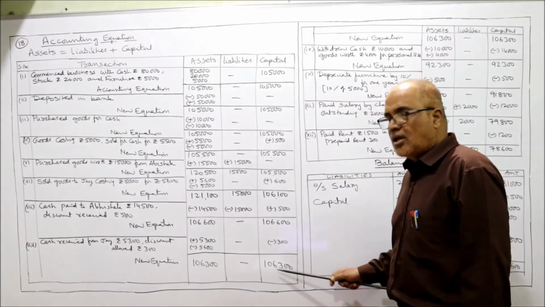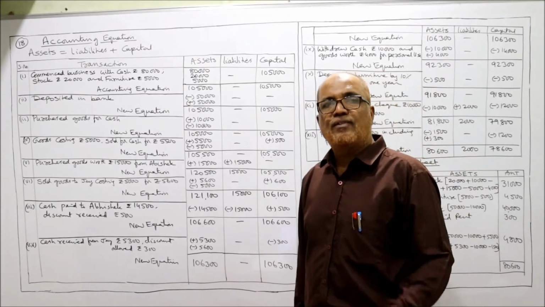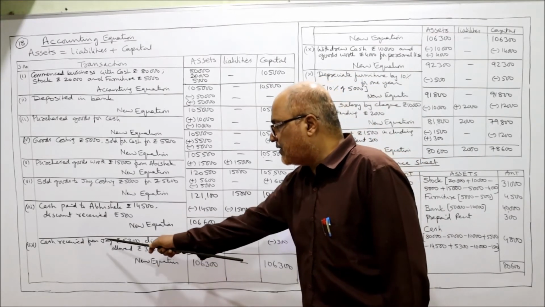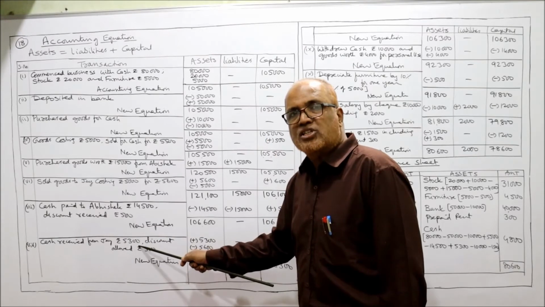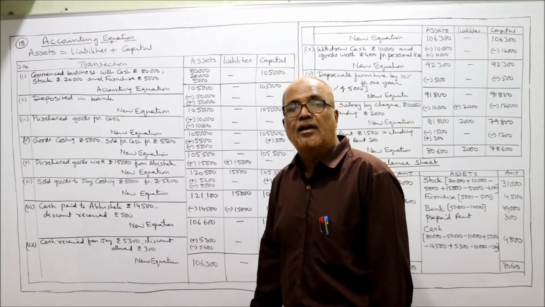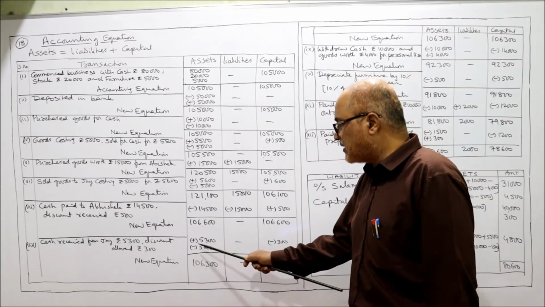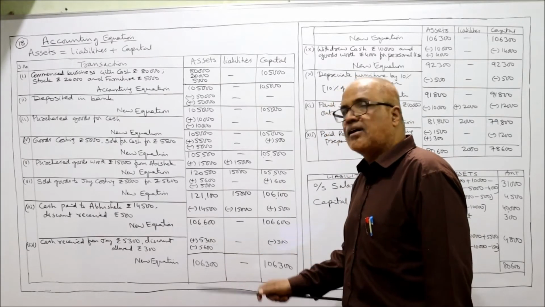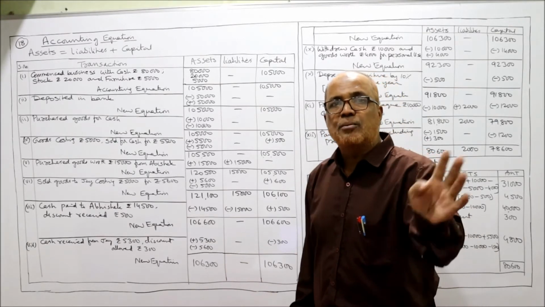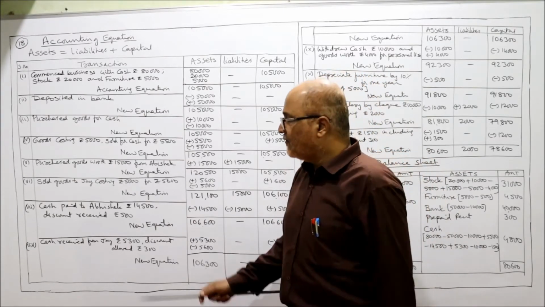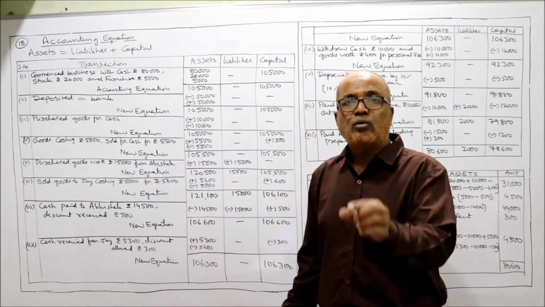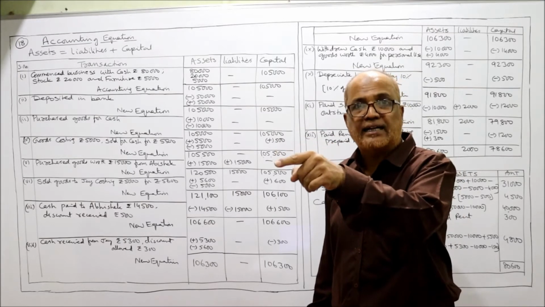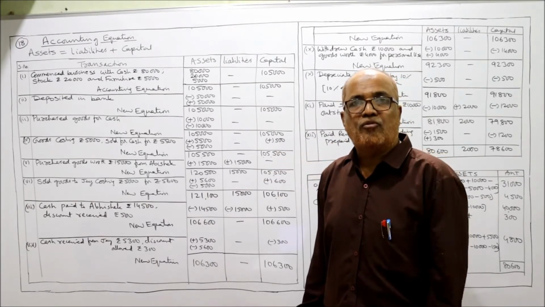It's a loss. Now how much cash do we have? We are receiving 5,300 cash, so plus 5,300. One debtor is removed. We have to get 5,600 from J. He is a debtor, his account should be removed.